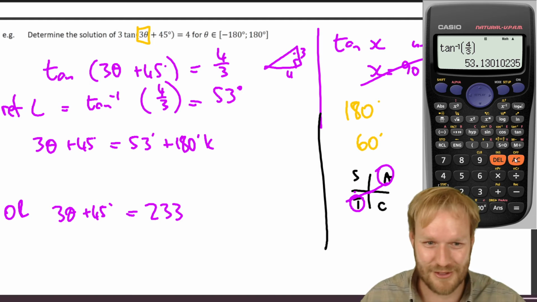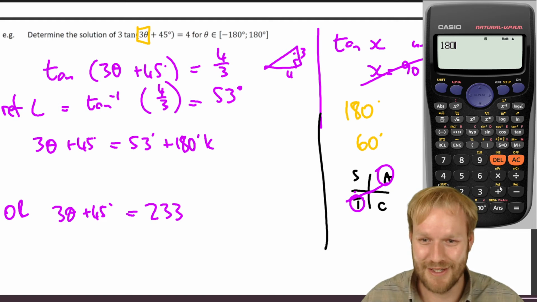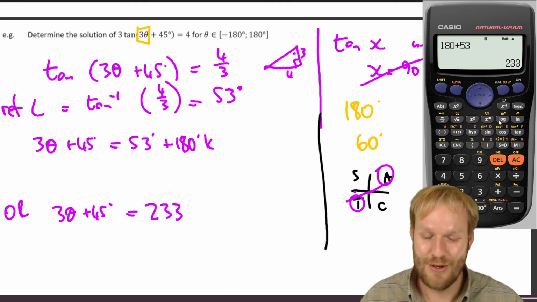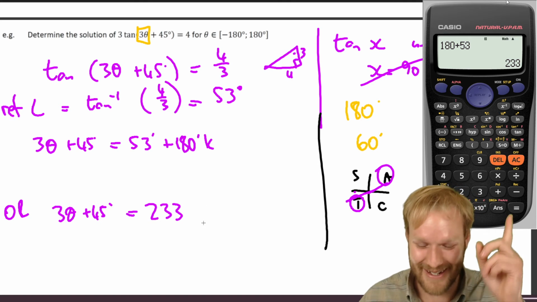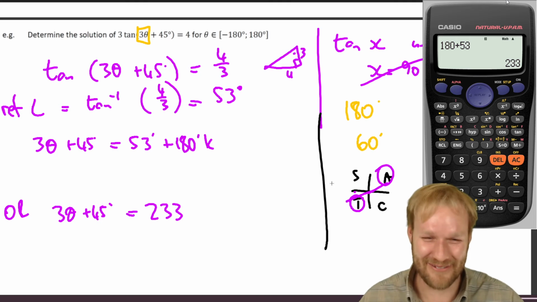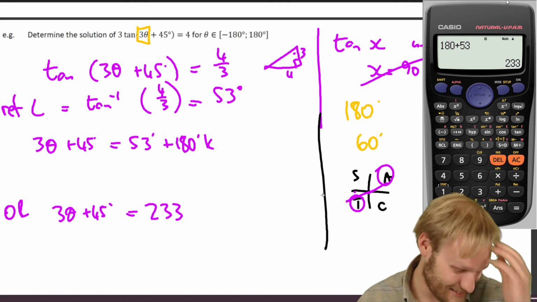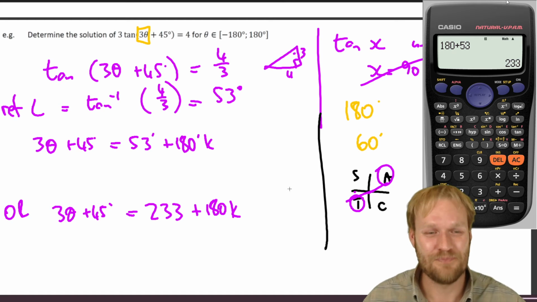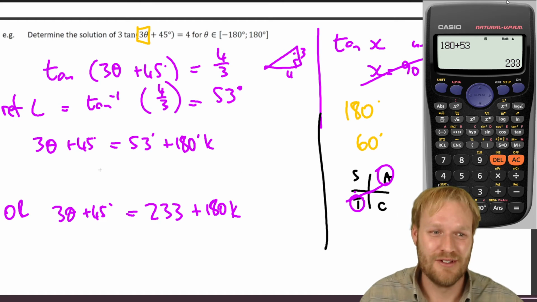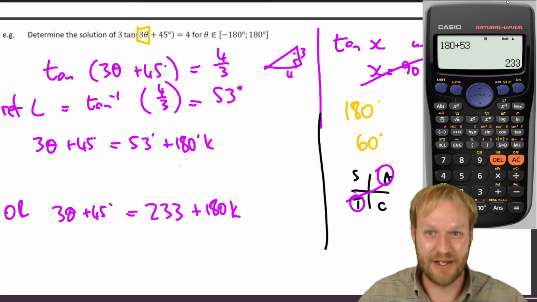Let's check on the calculator. Plus 180k. Okay, and here's where we see that dividing by 3 changes our period.